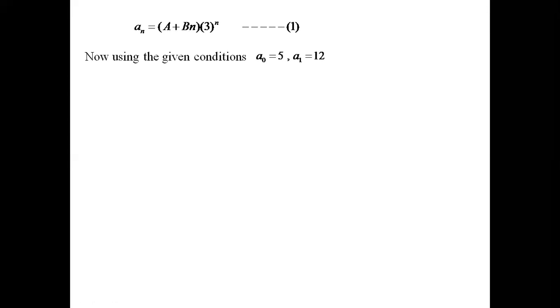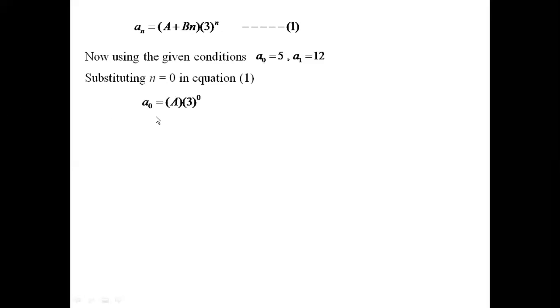From the data, a_0 is 5 and a_1 is 12. So substituting n equal to 0 in equation 1, so that I can substitute a_0 value as 5.